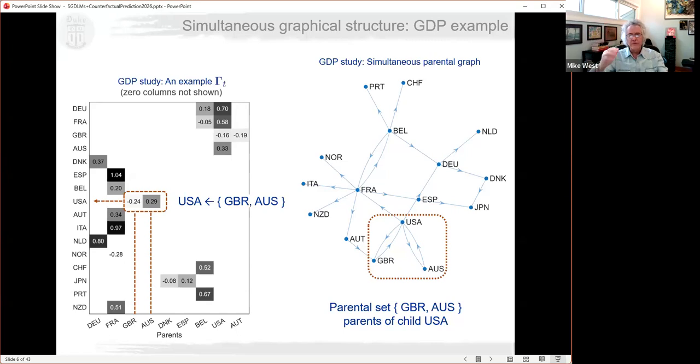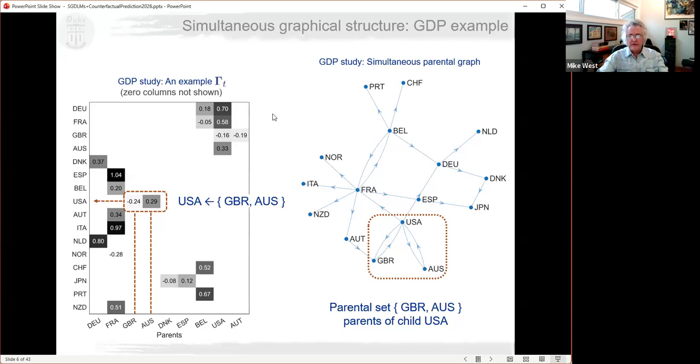So row by row here, we see, for example, if we look at the top, Germany, the first row is the first series. GDP is predicted by GDP in Belgium, USA. It happens to also be predicted a little bit by Australia, Austria, but it was so small that it was epsiloned out of the picture.